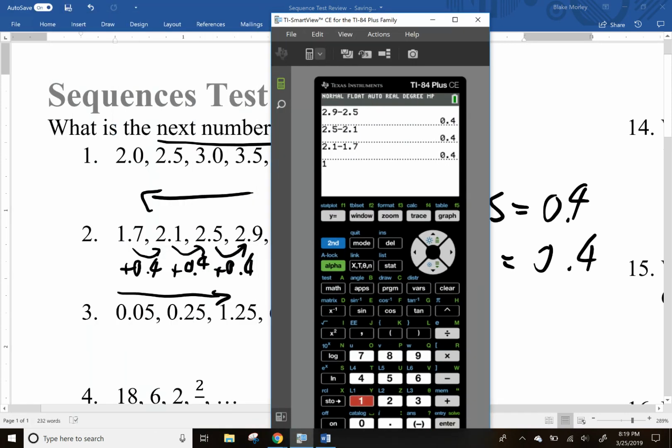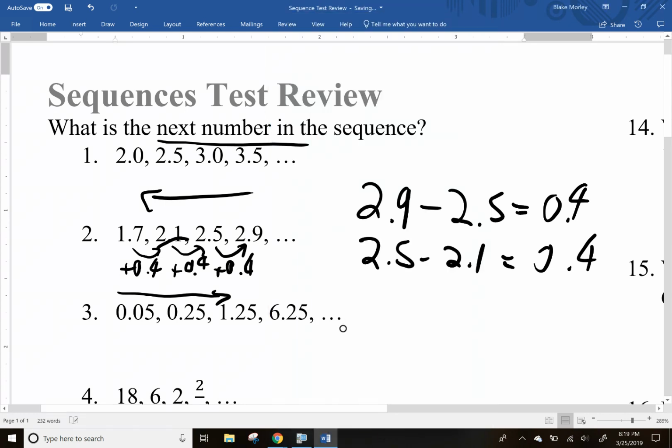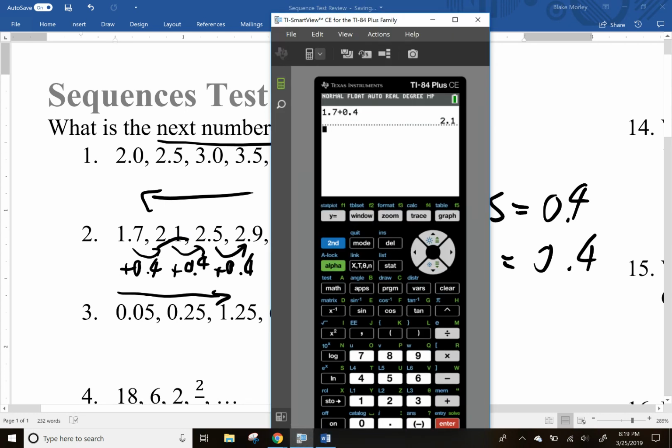So start with 1.7, add that 0.4, and we get 2.1, right? And then if I take 2.1 and I add 0.4, I get 2.5, right?